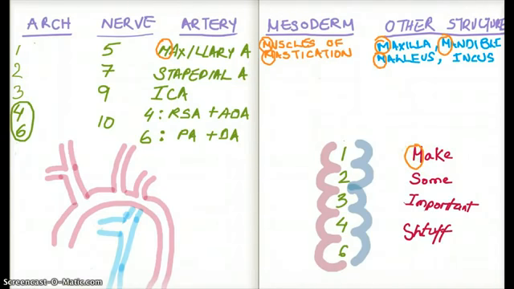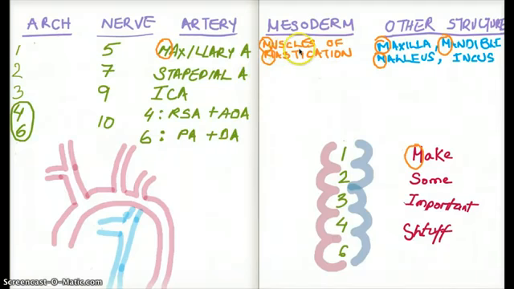And also, all these structures, the maxilla, malleus, mandible, derive from the Meckel's cartilage. And these cartilages are also supplied by the mandibular branch of the trigeminal nerve.